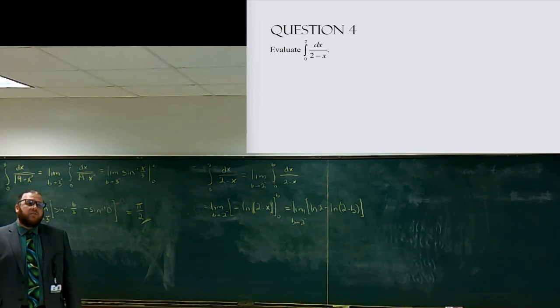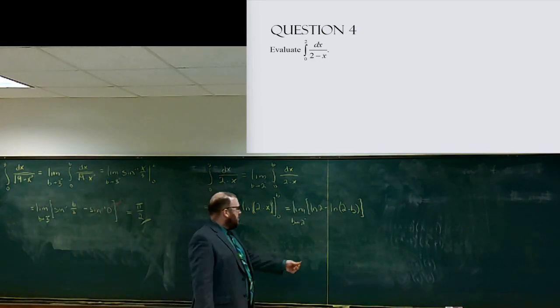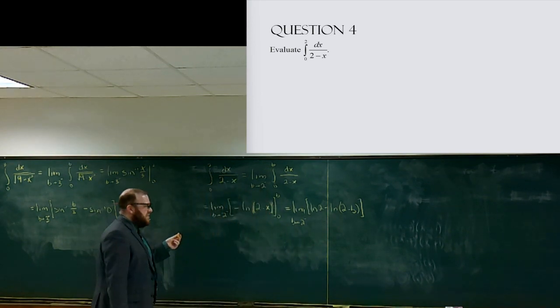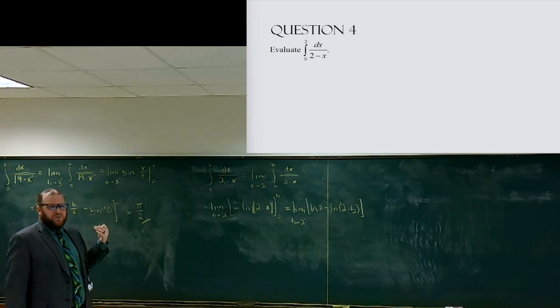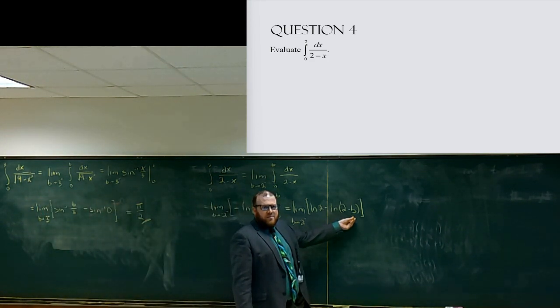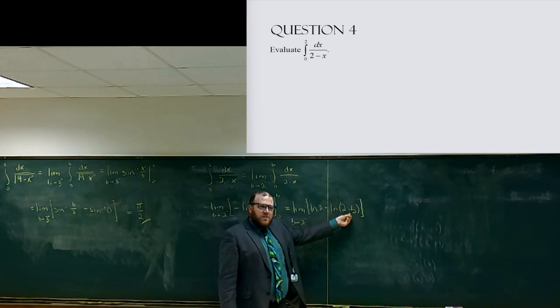There's no power. We're approaching from the left. Right, so we're approaching from values smaller than 2, which is fine, right? That's going to exist, because that would be positive, not negative. That's actually negative infinity.